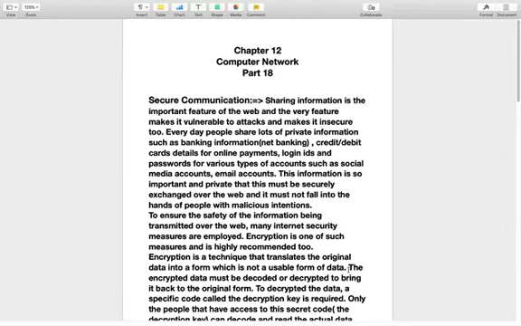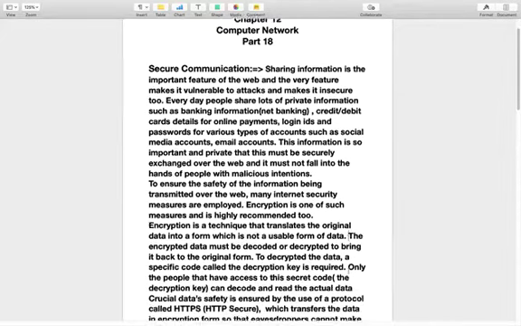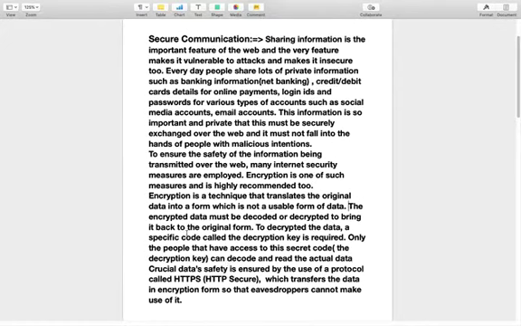When our data is sent to the proper destination, at that time it will be decrypted. Decrypted means it comes back into the original form. To decrypt the data, a specific code called a decryption key is required. Generally it is known as a password or captcha code.